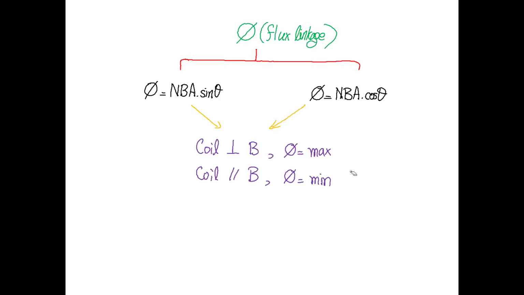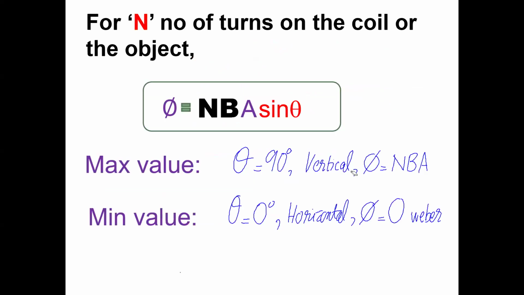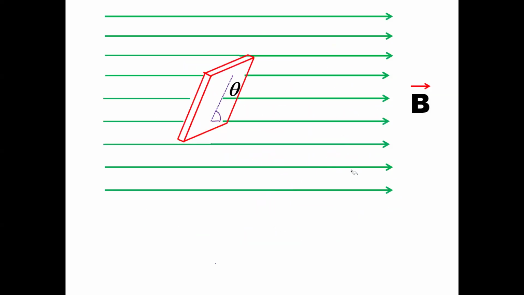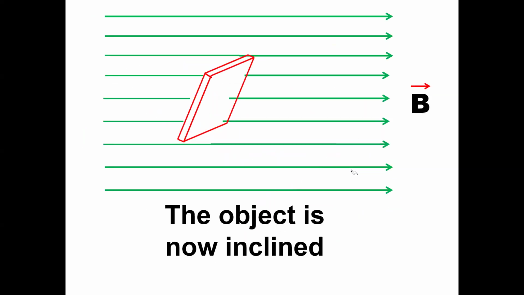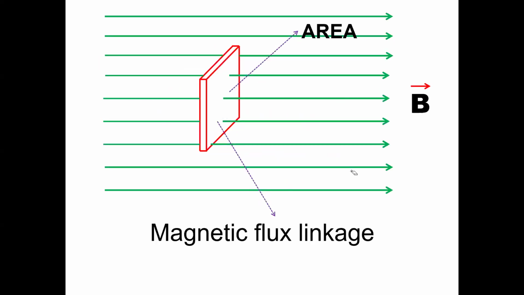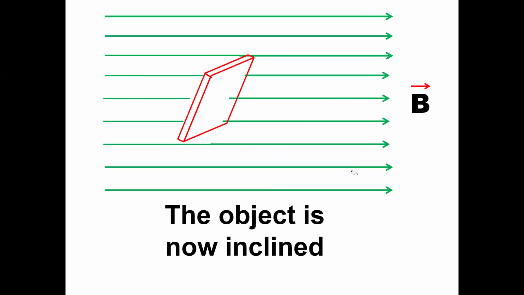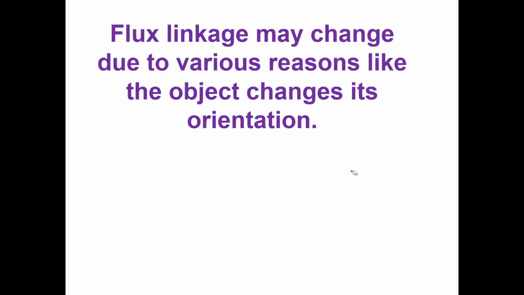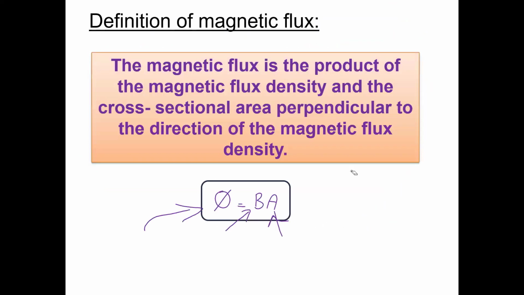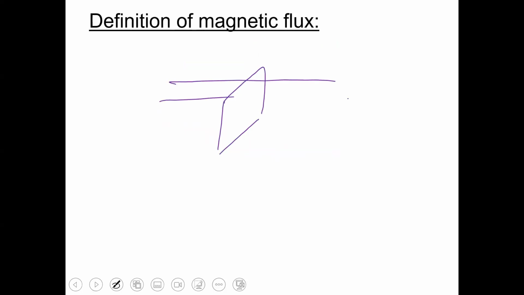Now, please look at this idea of how we apply these two formulas. Please look at the screen. We have two formulas to discuss. One has a cos function, one has a sine function. Now, look at the angle position. This is a surface, and these are the magnetic field lines going on.